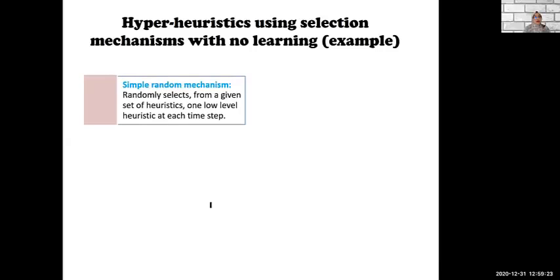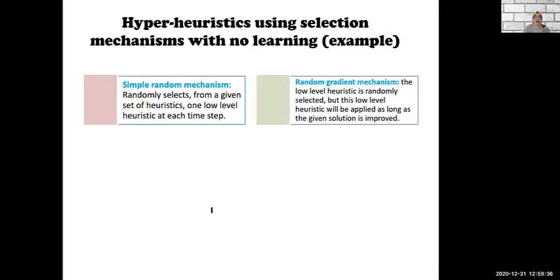Okay, let's proceed with a hyper-heuristic using a selection mechanism with no learning. This is just an example; there are many more. Simple random mechanism: randomly select from a given set of heuristics, one low-level heuristic at each time.